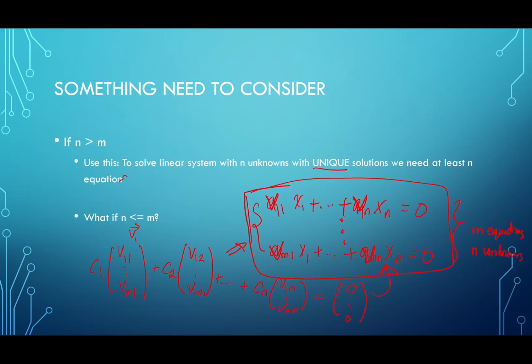Of course, if all of the x are 0, then those x are solutions. But there is another thing that we need to consider, which is whether this solution is unique or not. So that's why we want to prove the part of uniqueness. Because here we have n bigger than m, we have more unknowns than equations, this tells us that the solution is not unique.